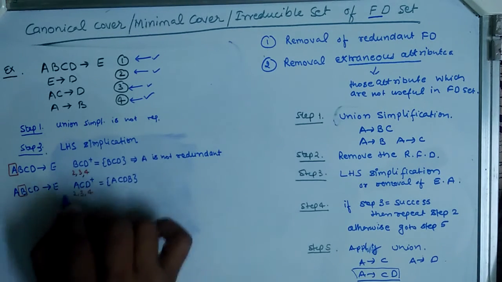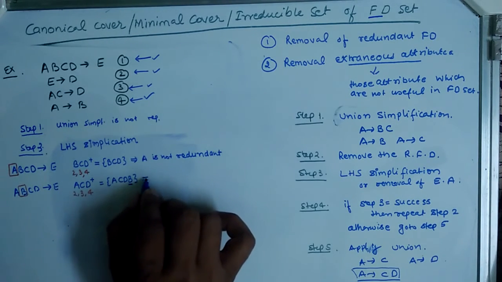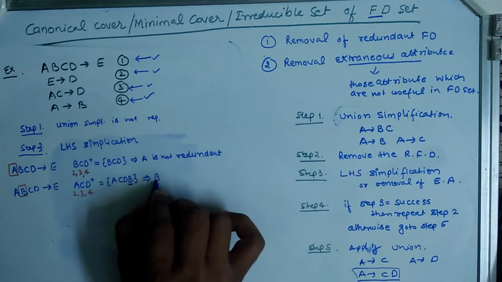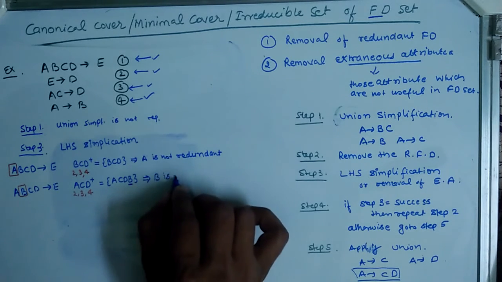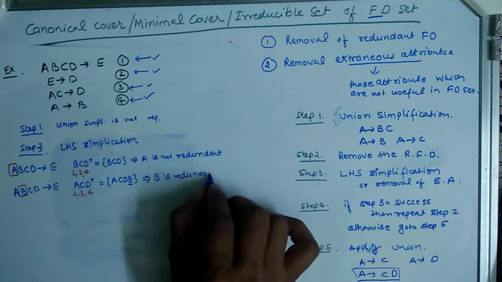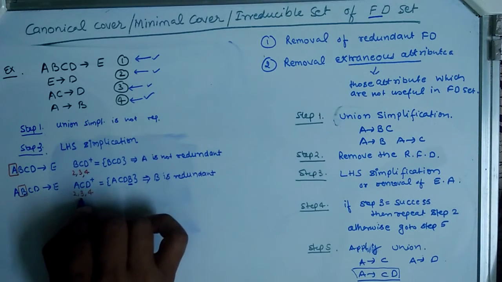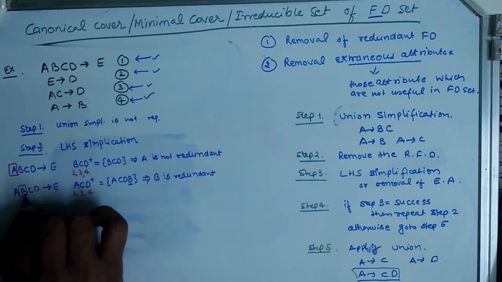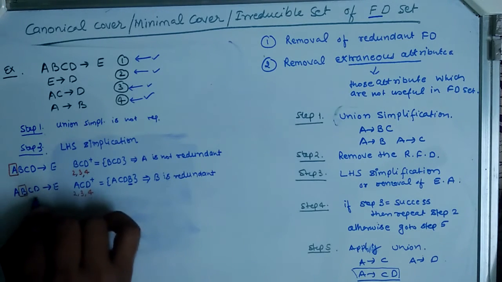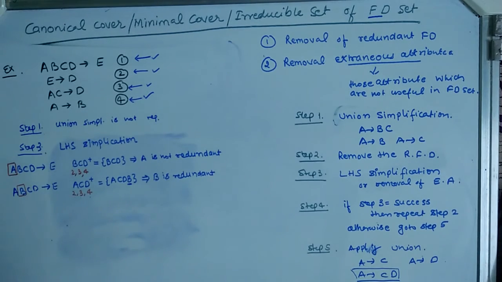So in this one you can find B. When you find B, it means you can conclude that B is redundant, because from the ACD closure and equations 2, 3, 4 you can find the attribute which was removed on the LHS of the functional dependency. So B is redundant here.